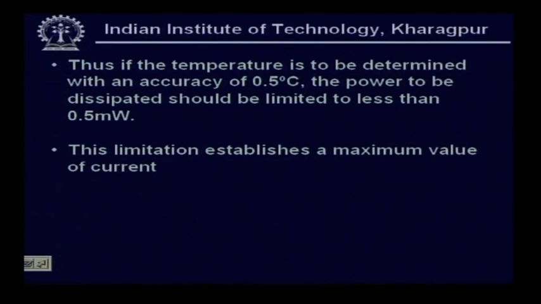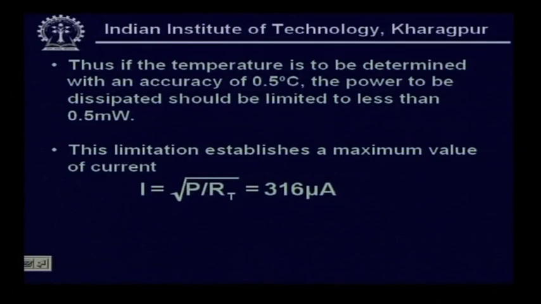This limitation establishes a maximum value of the current. What is that maximum value? We will show this. The maximum value of current which will pass through the thermistor can be the square root of P by RT, equal to 316 microampere.